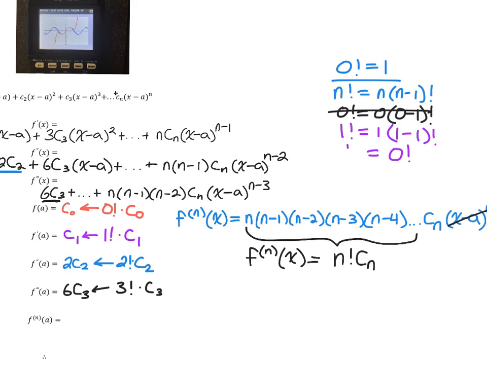So what we get from this is the idea that 0 factorial and 1 factorial are the same thing. All right? So if you know what 1 factorial is, and we do, 1 factorial is equal to 1, then we now know that that's equivalent to 0 factorial.